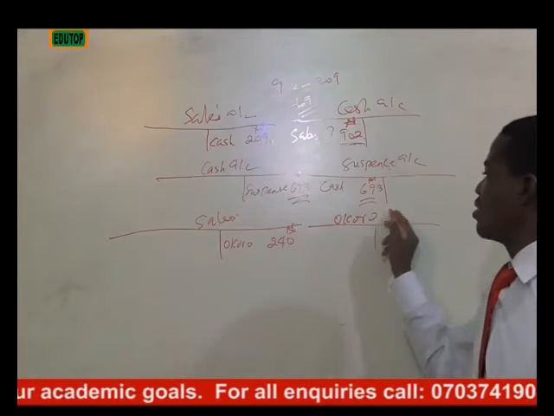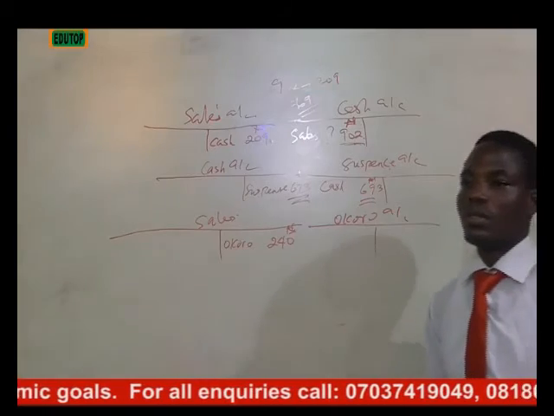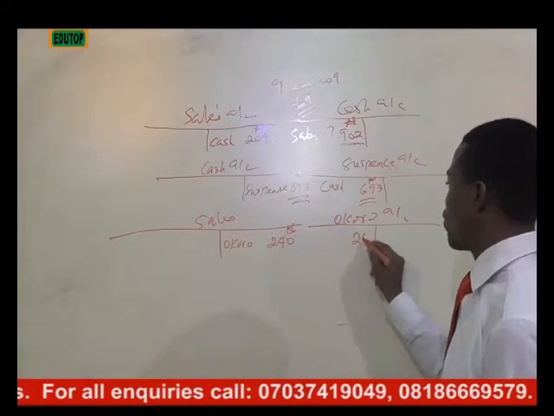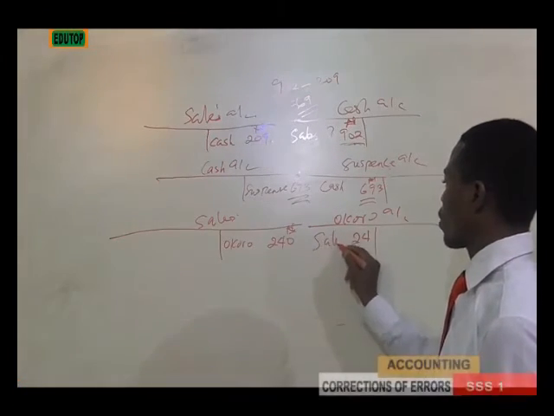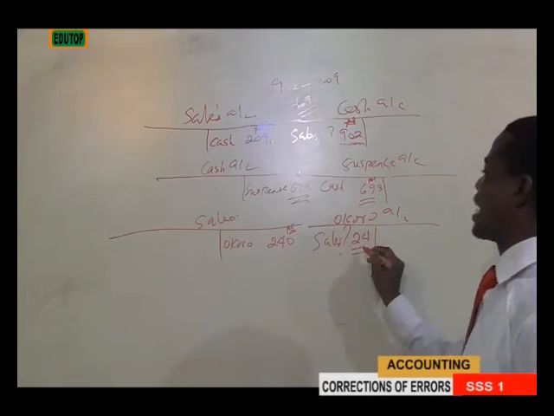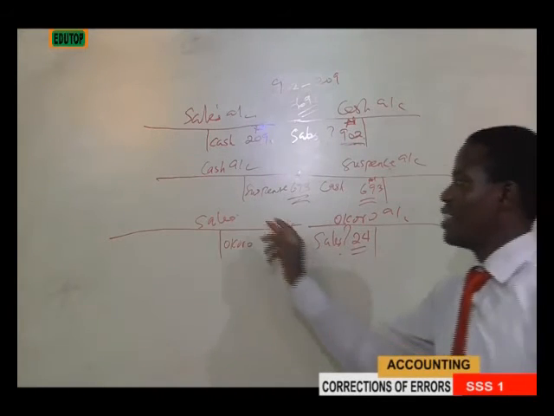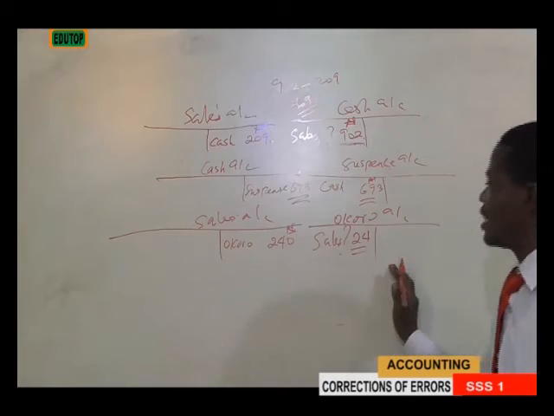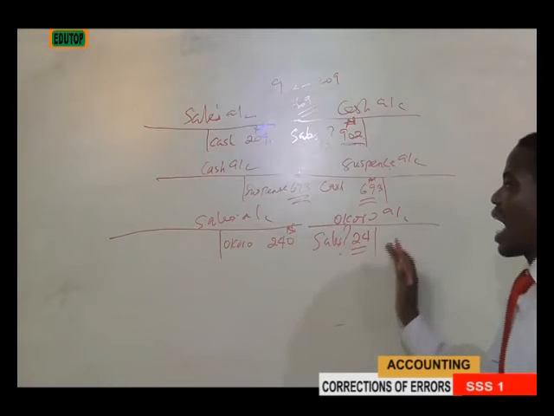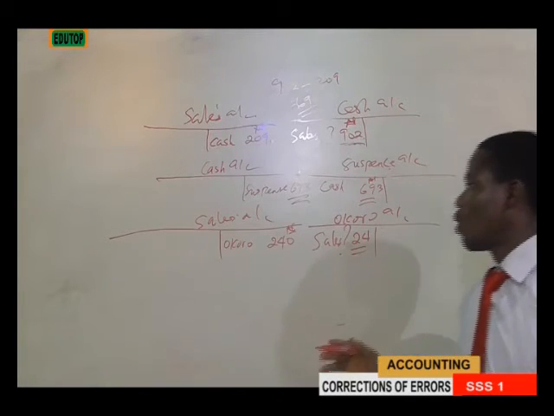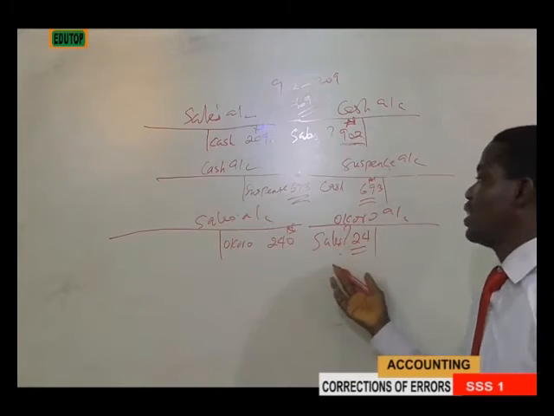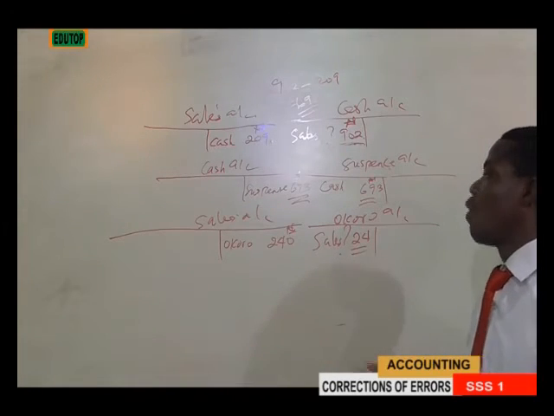Now, Okoro, who is receiving those goods, they now write 24. So that means there is an error here. It does not affect this side, but it affects Okoro's account, because it's supposed to be 240 instead of 24.